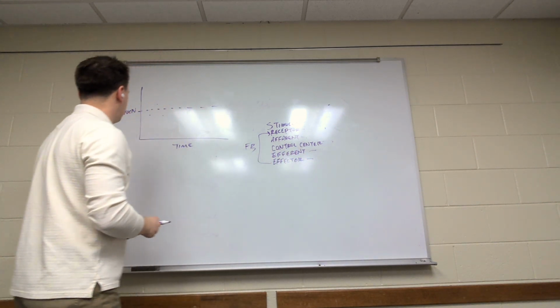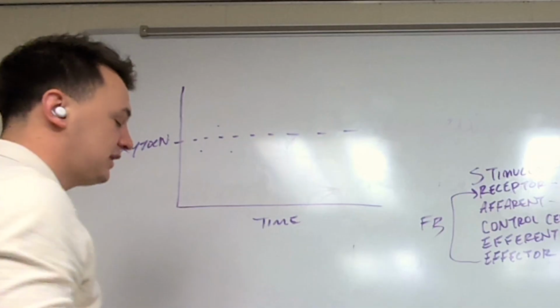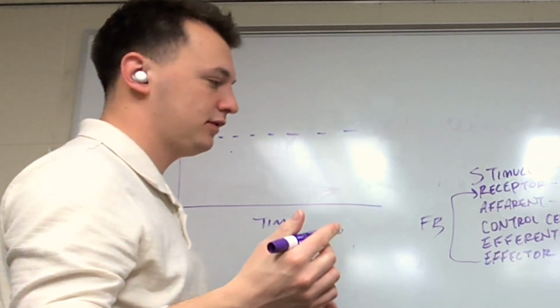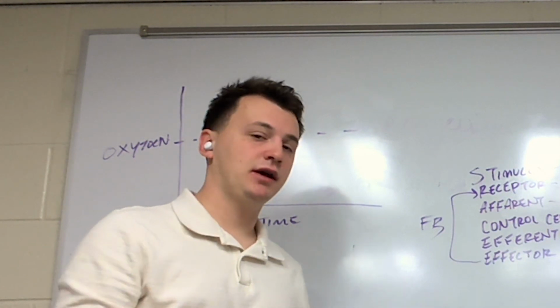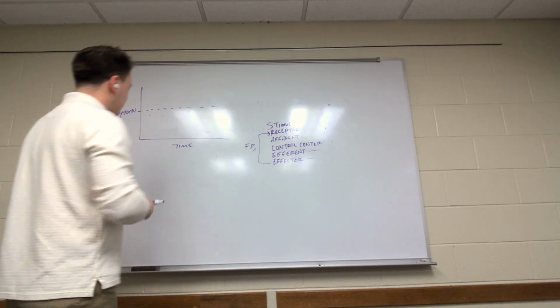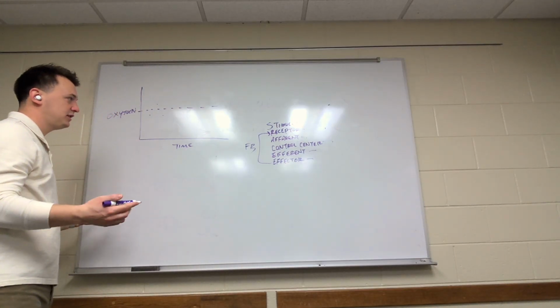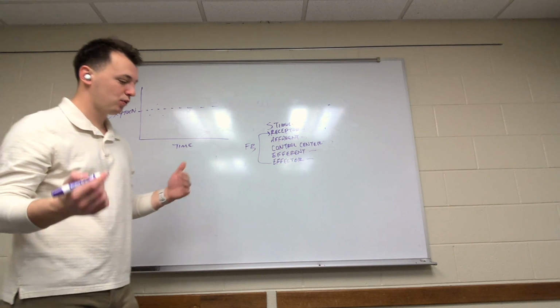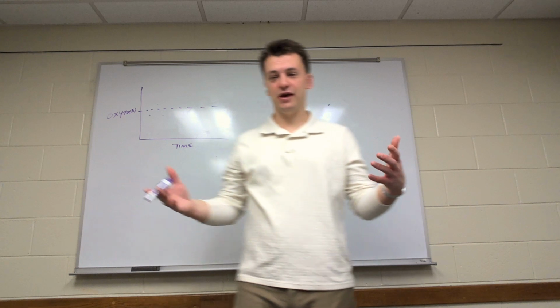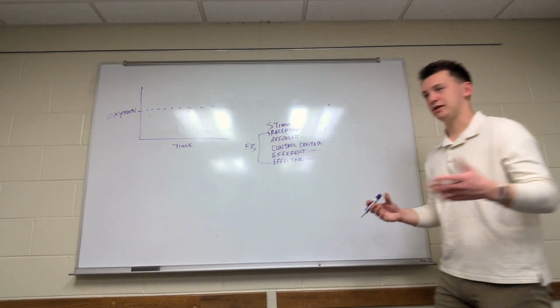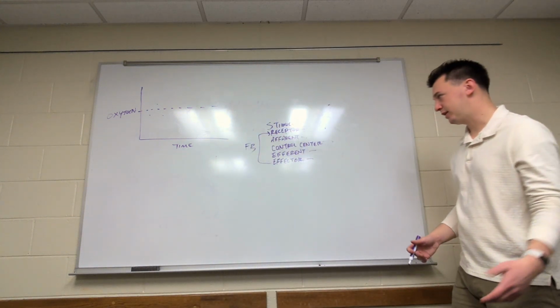But say this lady is 9 months pregnant and it's time for a baby to come, right? What the body will do, because oxytocin plays a significant role in birth, right? Without oxytocin, birth wouldn't be able to happen.